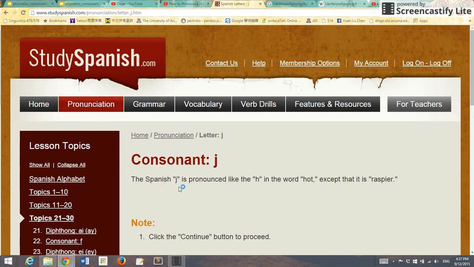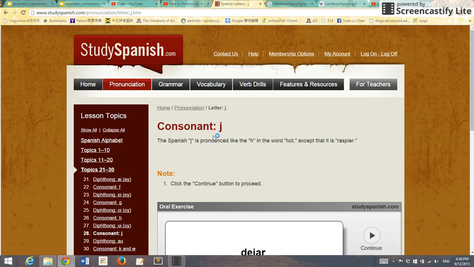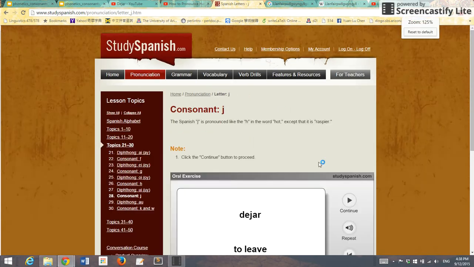Here it says Spanish J is pronounced like the H in the word hot, except that it is raspier. Actually, this is very strange. What do you mean by raspier? I think this is not right. If the writer of this website had learned something about phonetics, they would know this is not true.